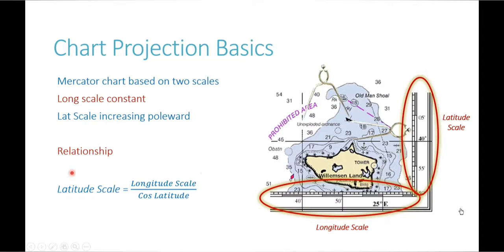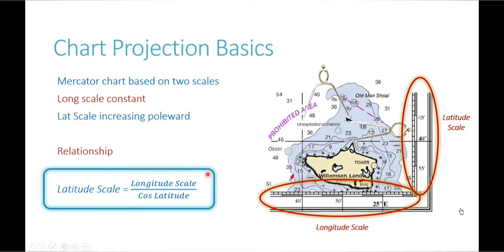So as is clear from this formula also, as the latitude keeps on changing, the latitude scale also changes. So this relationship is a very important relationship to understand the construction of a Mercator chart. So this should be memorized. Very important formula as far as the chart projection basics or chart projection numericals are concerned.